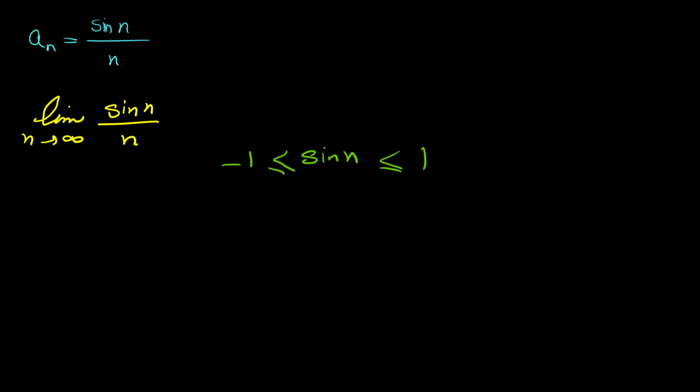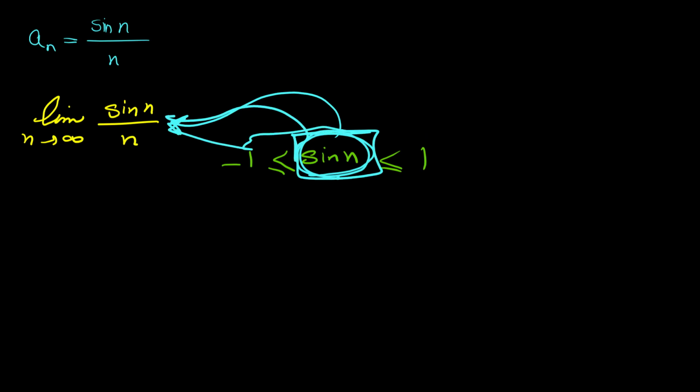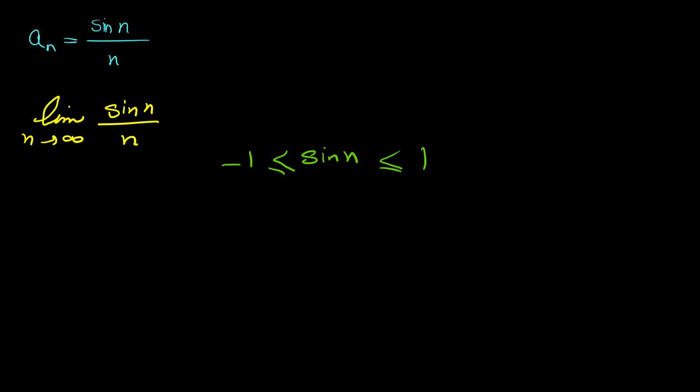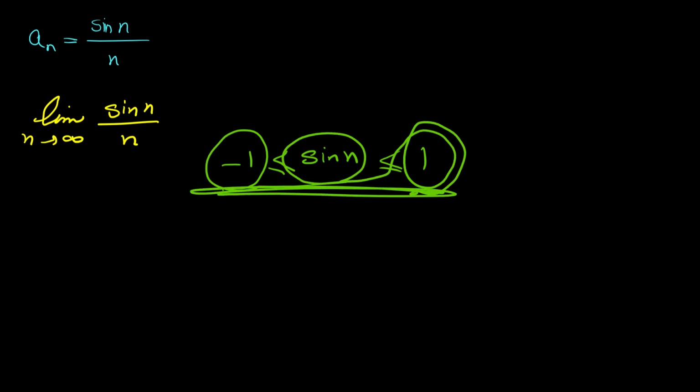Now, the idea is to convert this to sine n over n. So we have to change this to sine n over n. For doing that, we note that we need n in the denominator. So we have to divide the left side, the middle, and the right side of this inequality by n.